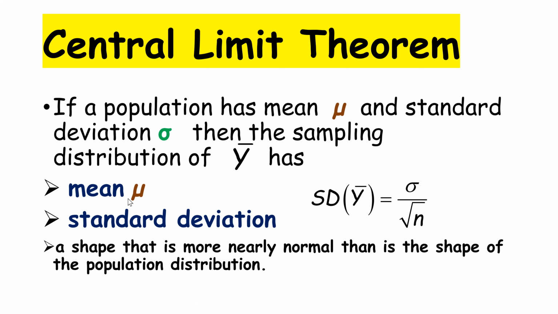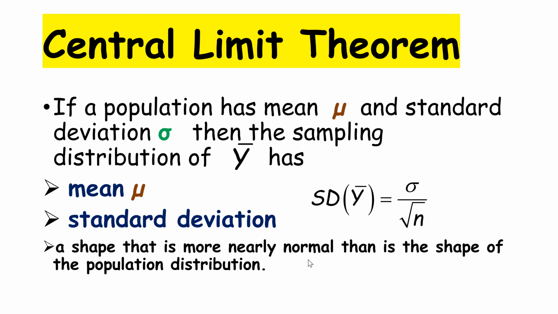It has mean mu, so the same center; in other words, y bar is an unbiased estimator of the mean. But the standard deviation of y bar is smaller than the standard deviation of the population that we are sampling from. It is divided by the square root of the sample size. The larger the sample, the smaller this becomes.